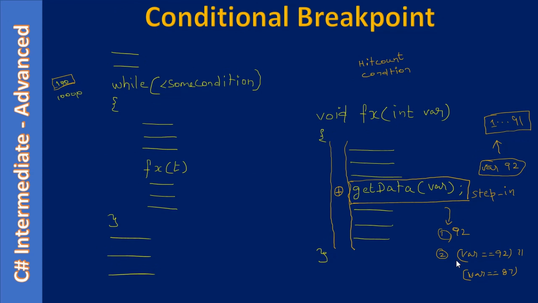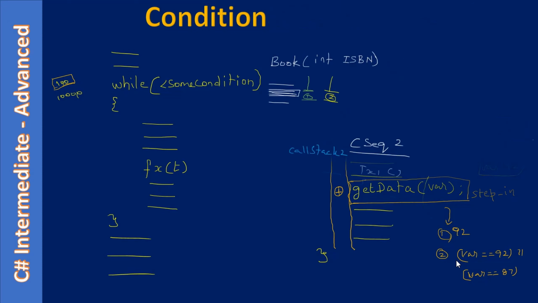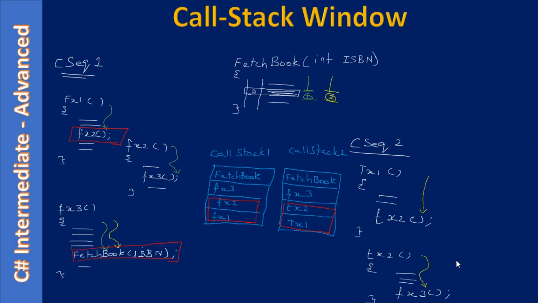After that we talked about conditional breakpoint. Then we talked about the debugging windows. In this part we talked about call stack, so that's how we started the debugging windows.